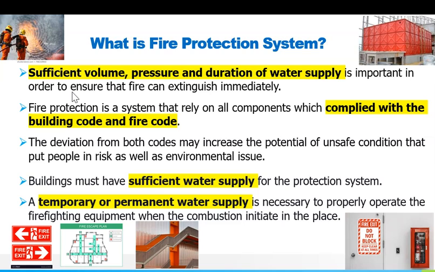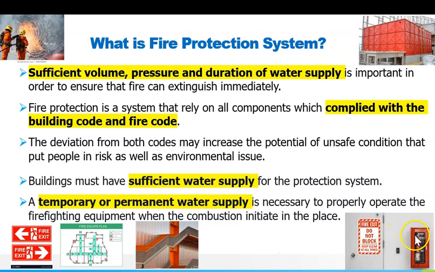And nowadays all buildings must comply with the building code and fire code. For example, they must have the fire escape plan, the fire escape stairs, and all the signs must be put up all over the building, the school, the university, the library, the factory.